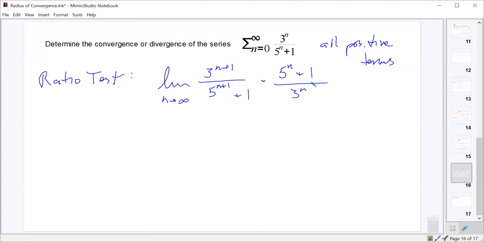And how can I simplify this down? 3 to the n plus 1 over 3 to the n should just be 3. But we still got 5 to the n plus 1 over 5 to the n plus 1, which I can't quite simplify down because of those plus 1s that are attached to it. But I should still be able to evaluate this limit. How would we go about finding this limit?